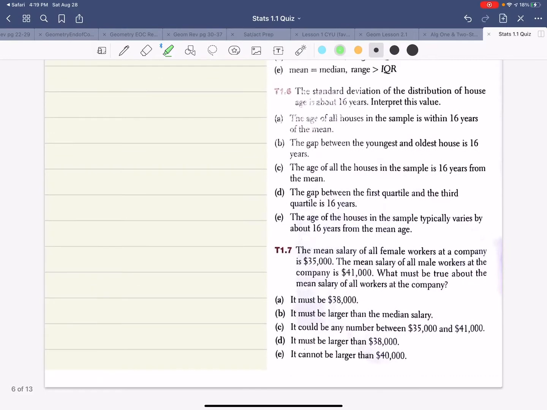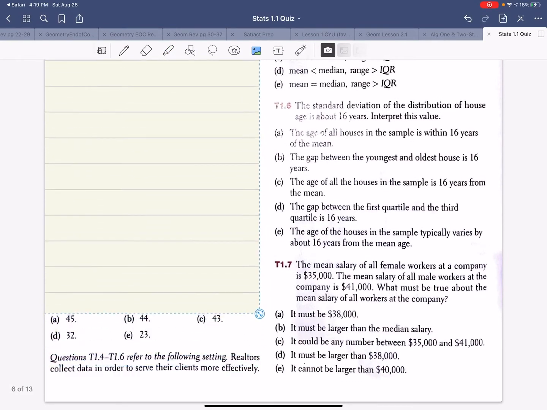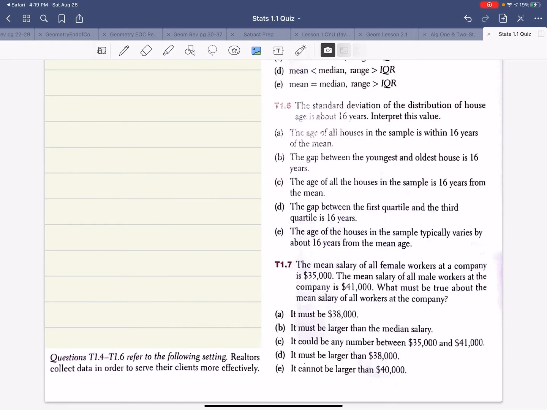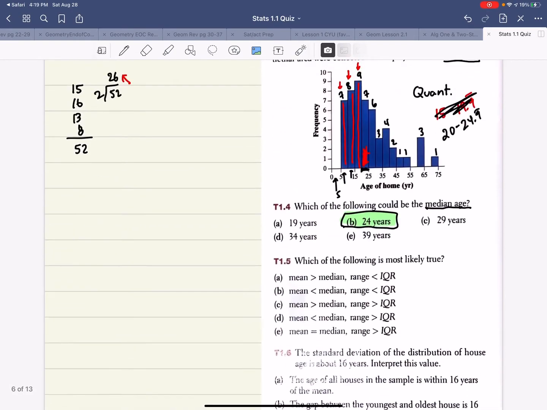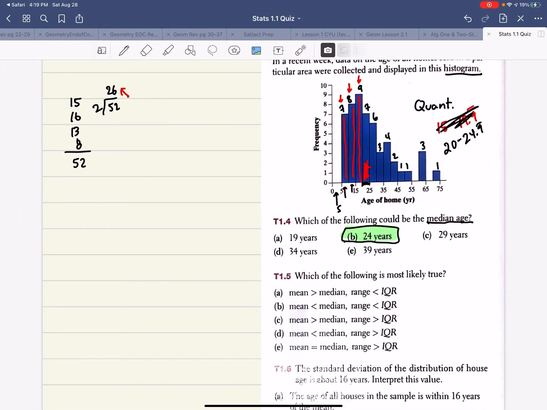Now, if you remember reading on this bottom part, this data goes with questions 4, 5, and 6. So question number 5, which of the following is most likely true? Okay, so anytime you have data that's skewed, right?